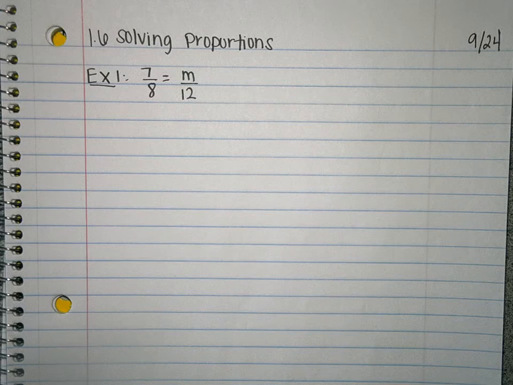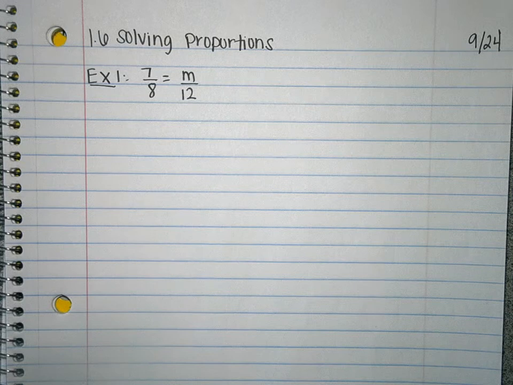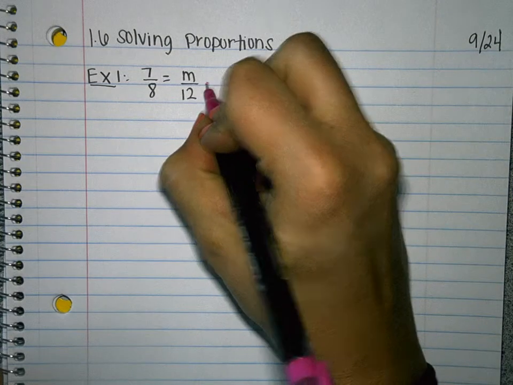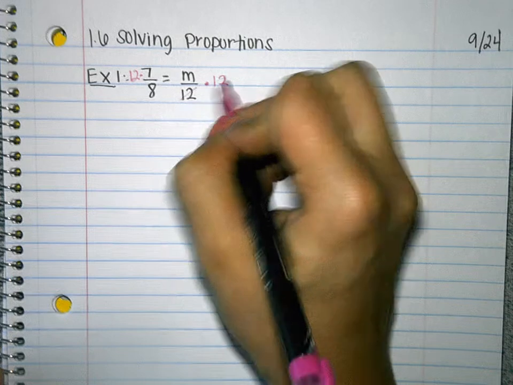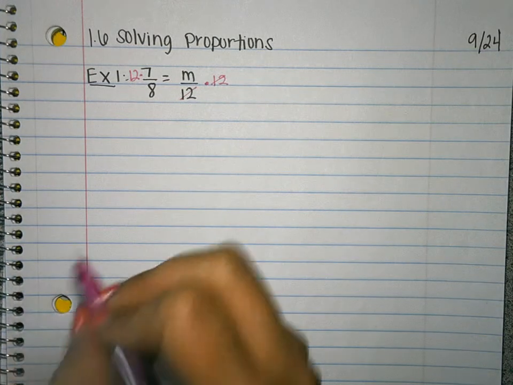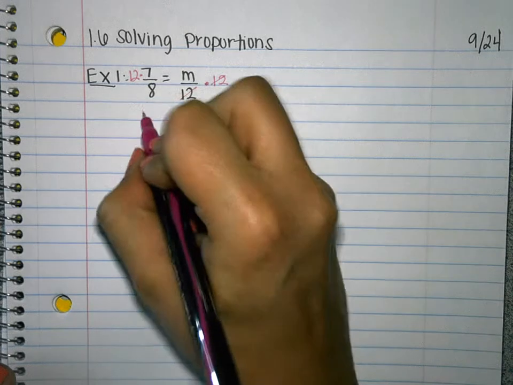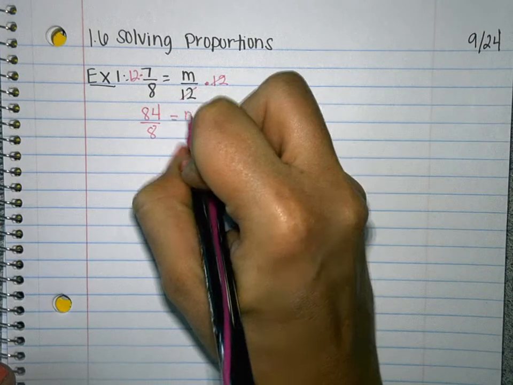So we have m by itself in the numerator right here. Currently it's being divided by 12. So to get rid of a divide by 12, we multiply both sides by 12. So the 12s reduce, and we are left with 7 times 12 gives me 84 over 8 equals m.